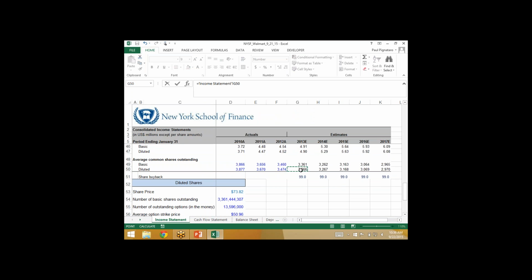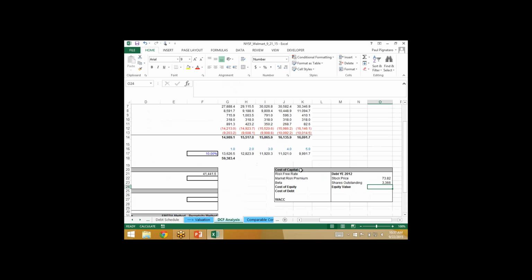I'm going to basically do a 2012 metric, but I want to do it as of today. Okay, so the equity value is the product of the two. So $248 billion. Make sure I'm matching in the book. $248 billion.